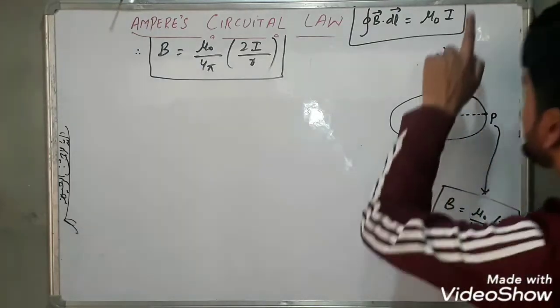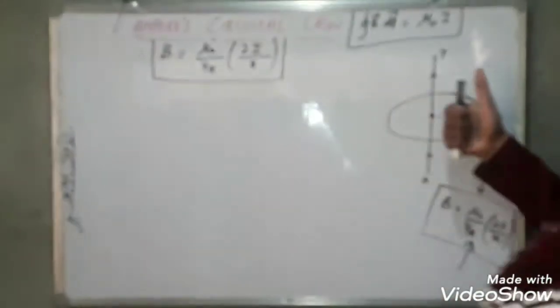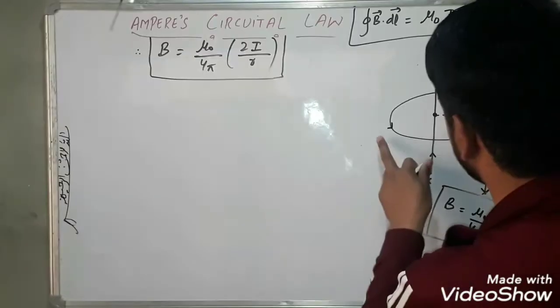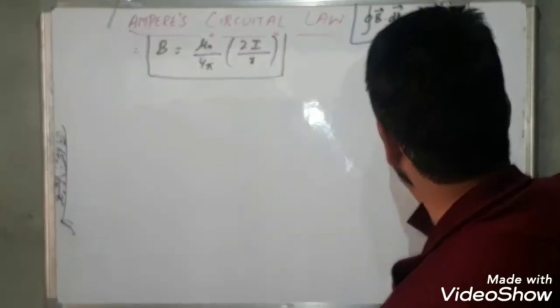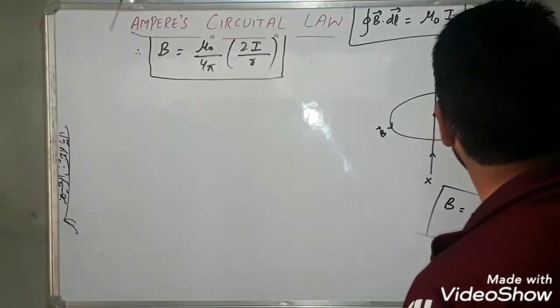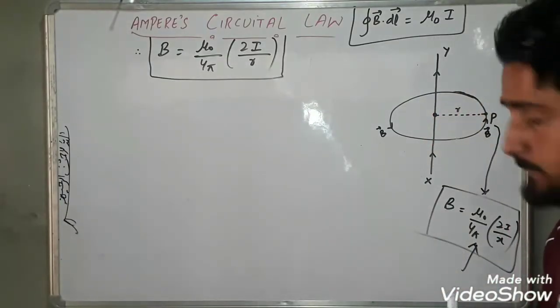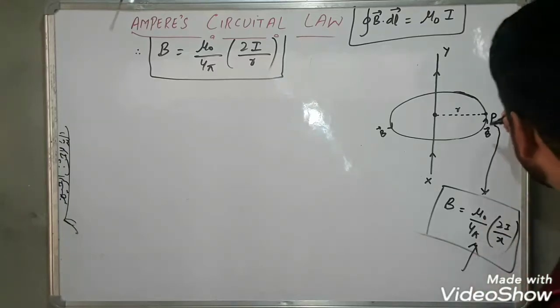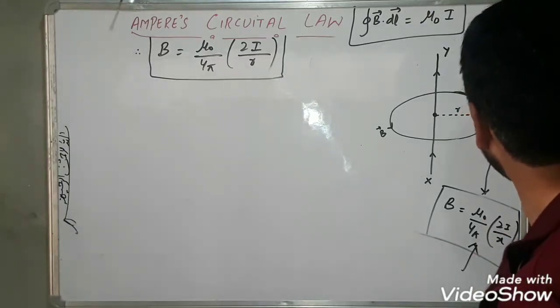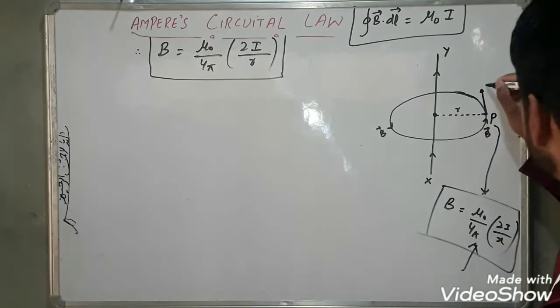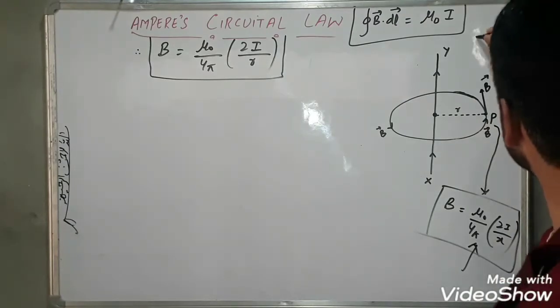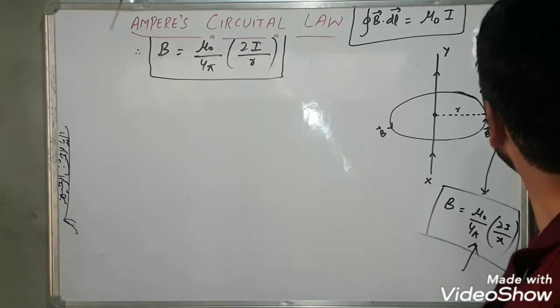So if the current is going from x to y, the direction of magnetic field will be anti-clockwise, as shown here. This is the magnetic field direction, and we get it by the right hand thumb rule. At any point, the magnetic field is always tangent to that point.